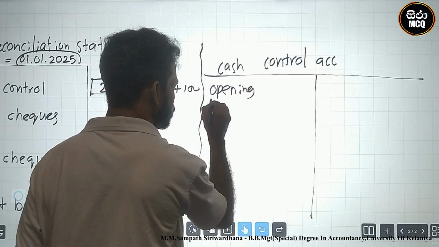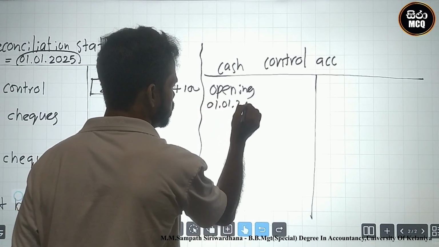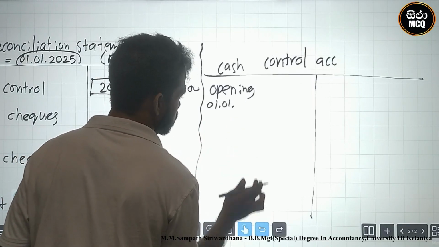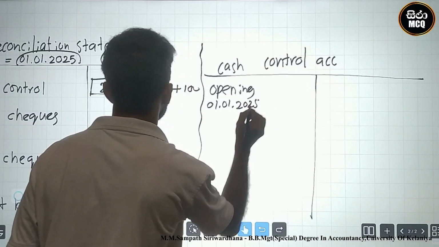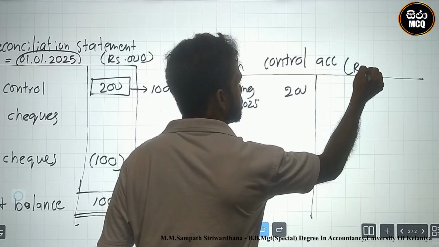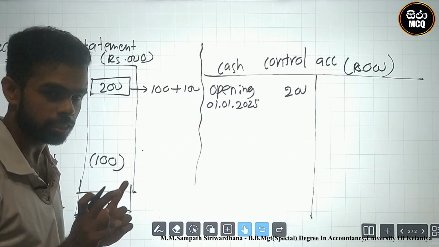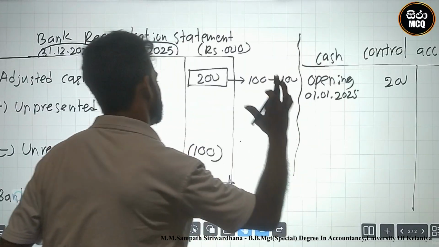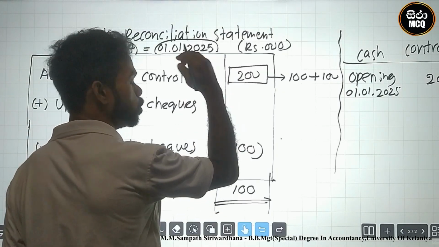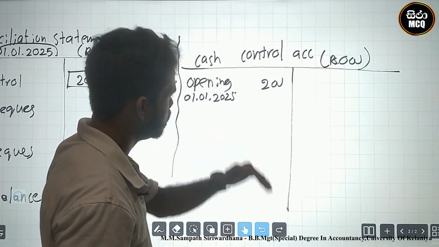Opening means 1st January 2025, and it is 200. This is 1,000 rupees really. Okay, this is the information of the first one, the opening date reconciliation. Based on that we find the cash control opening balance and post it to the cash control account opening balance.